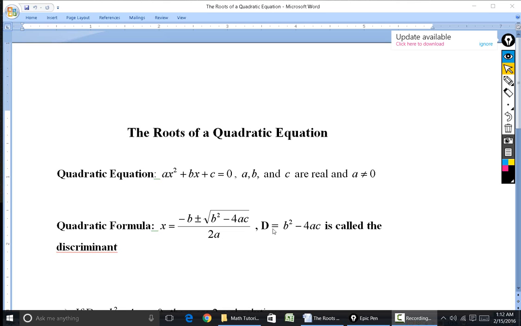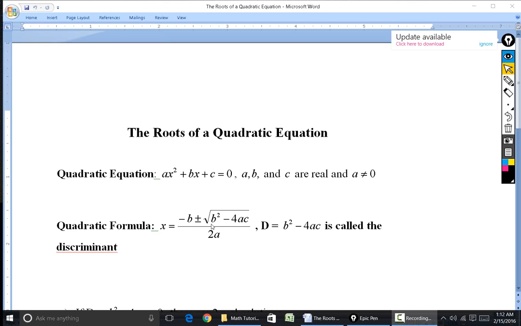Now, for the purposes of this discussion, I'm going to let b squared minus 4ac, that is the radicand, the expression under the radical, equal d, and that's called the discriminant.